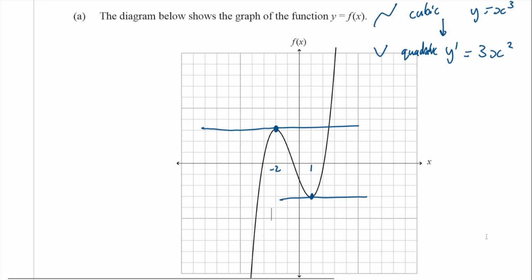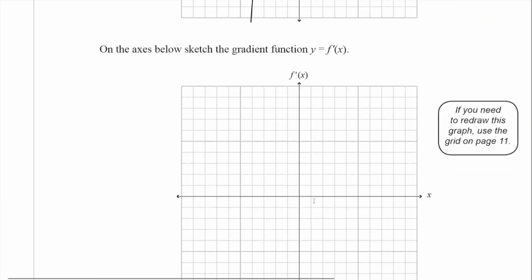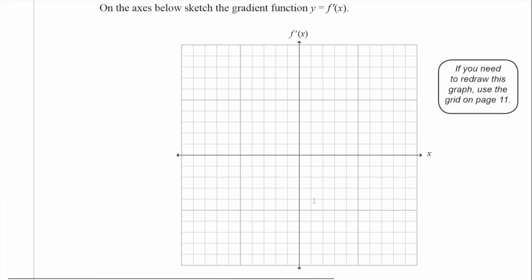So the gradient at x equals 1 is 0. On our gradient function, when x equals 1, the gradient f prime of x will equal 0. So in fact, that dot I just put at x equals 1, f prime of x equals 0, tells us when x is 1, the gradient is 0.